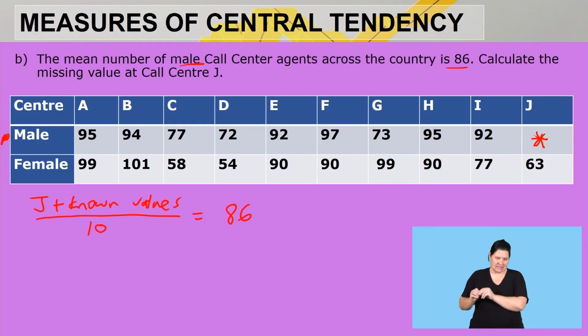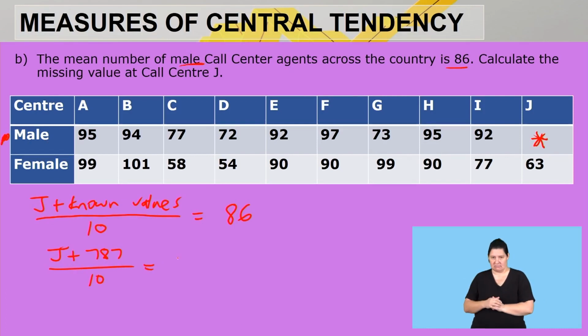I'm going to add all these numbers together: 95 plus 94 plus 77 plus 72 plus 92 plus 97 plus 73 plus 95 plus 92. That will give me a total, so it will be J plus 787. That's when I added all these known values, divided by 10 should equal 86.